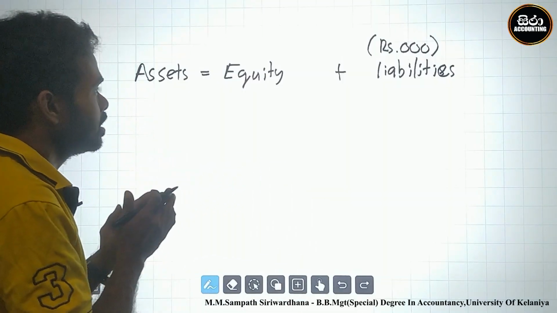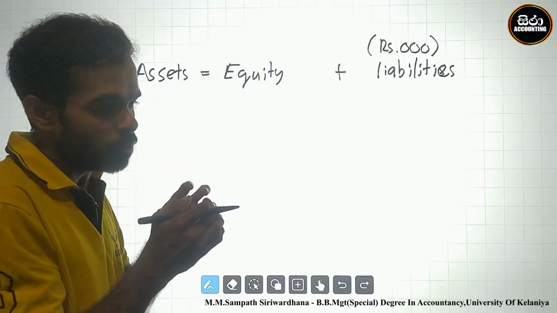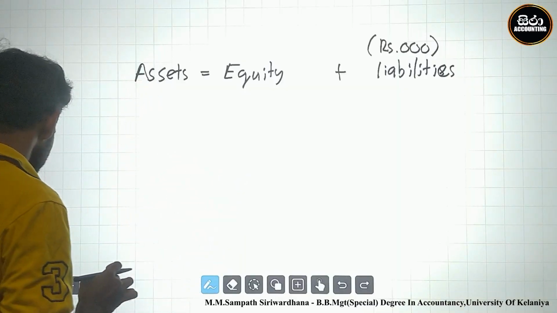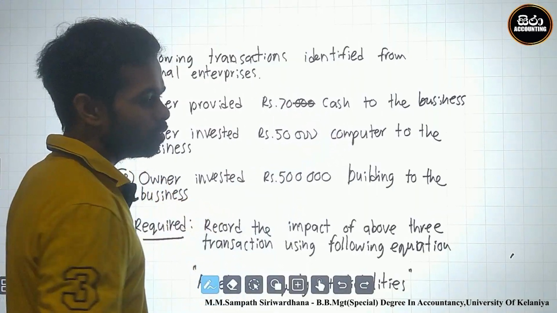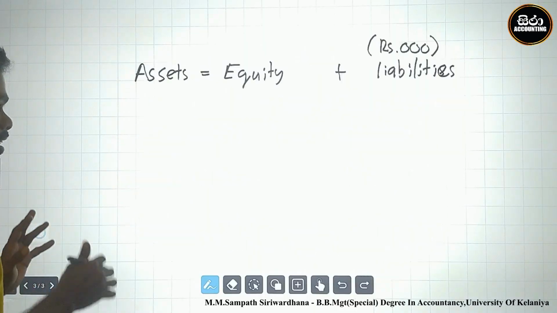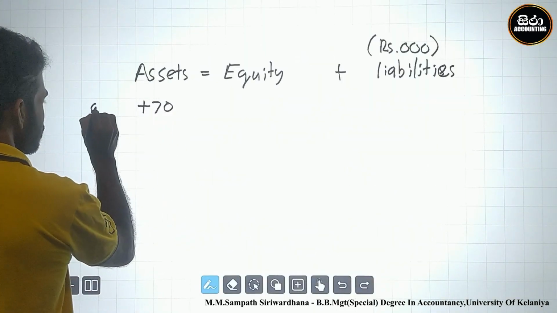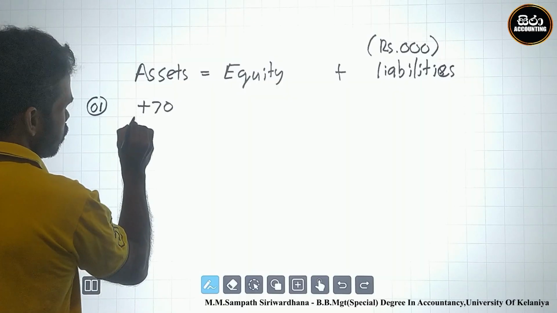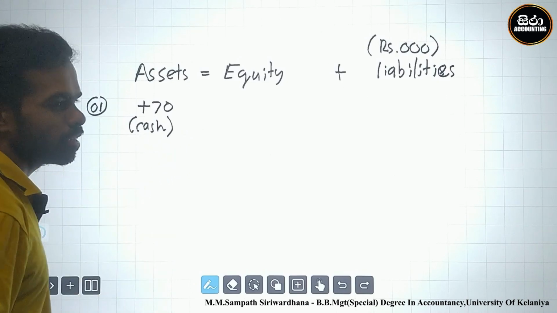The owner invested in the business. There is an inflow of which asset? There is an inflow of 70,000 cash to the business. Therefore, there is an increase of assets, 70. Which asset? Cash increases in the business. Why?